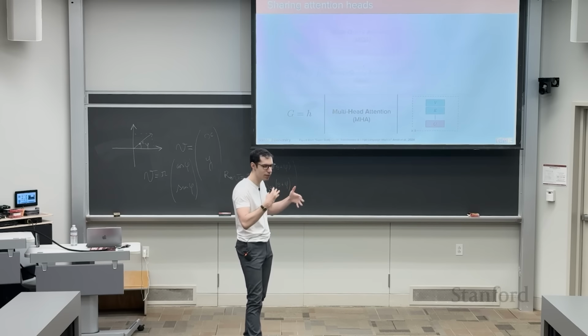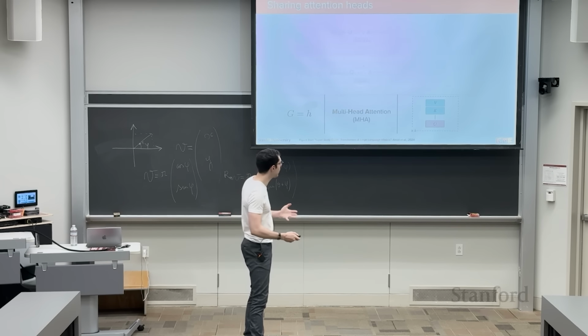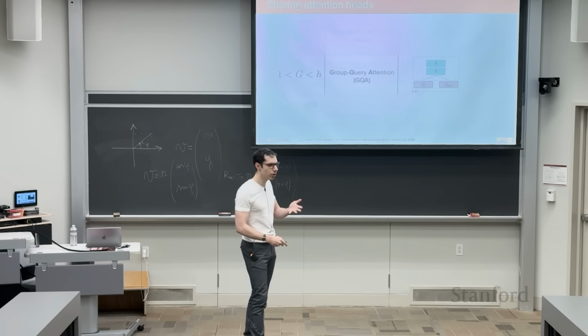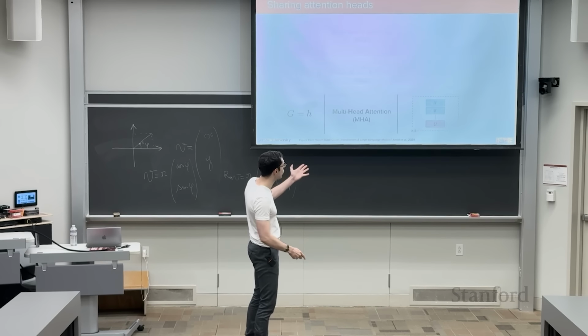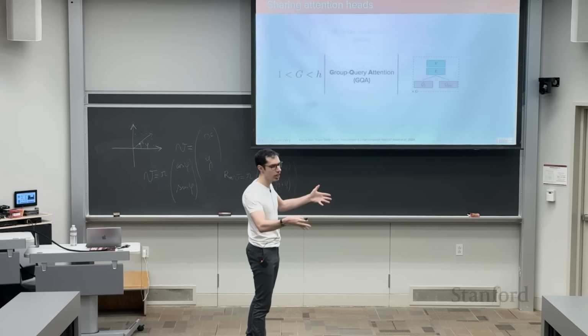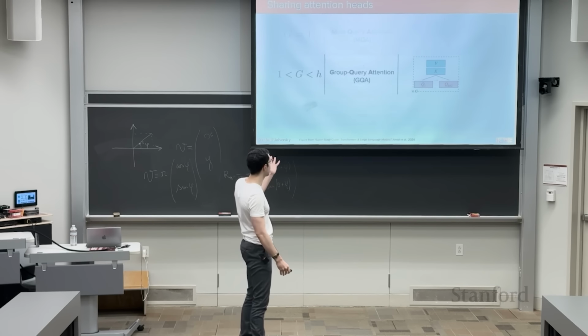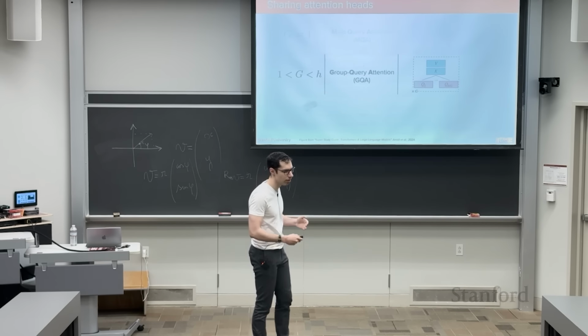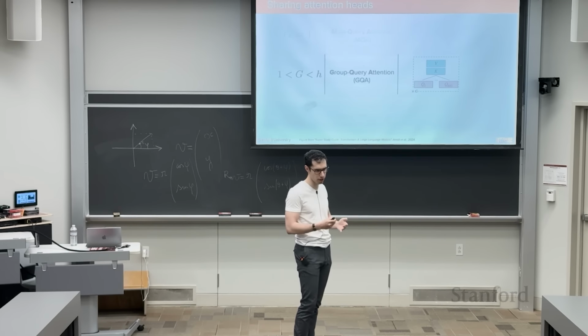So I would say it's not straightforward what the answer should be, but a lot of recent models tend to share projection matrices. Typically GQA is what you would see, but it's not necessarily the case for all models.